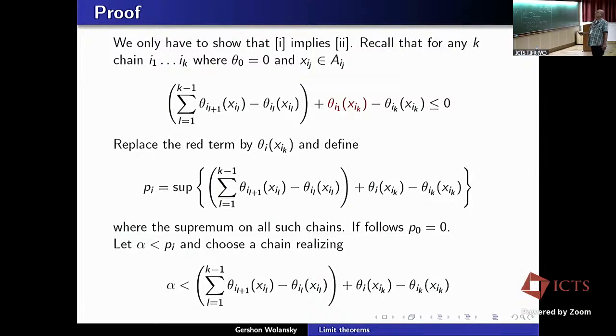And now we look at this and we replace theta I1 xik by theta I xik. And look at all possible chains and define Pi to be the supremum over all possible chains, where in this definition we replace the first theta in the chain by I, evaluated at the same point.